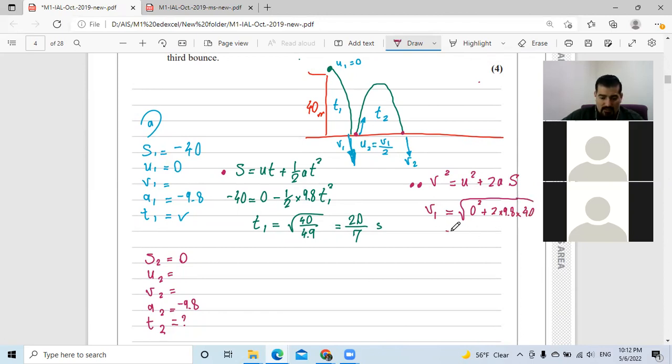So by using calculator, the velocity here will be 28 meters per second. Now this 28 meters per second will be halved, so half multiplied by 28, because they tell us that it will reduce by 50%. So it will be 14.